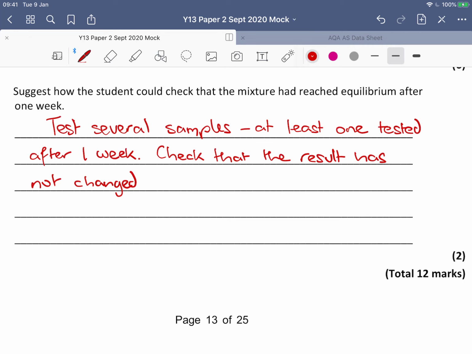So basically, the way that they were testing whether this had reached equilibrium was to see whether the concentration of acids was continuing to change, in which case it would be the ethanoic acid that was continuing to change. And if it was continuing to change, then the mixture wasn't at equilibrium. But if the volume needed of sodium hydroxide was 38.5, and then the next time you tested it, it was 38.5 centimeters cubed, then you'd know that equilibrium had been reached.